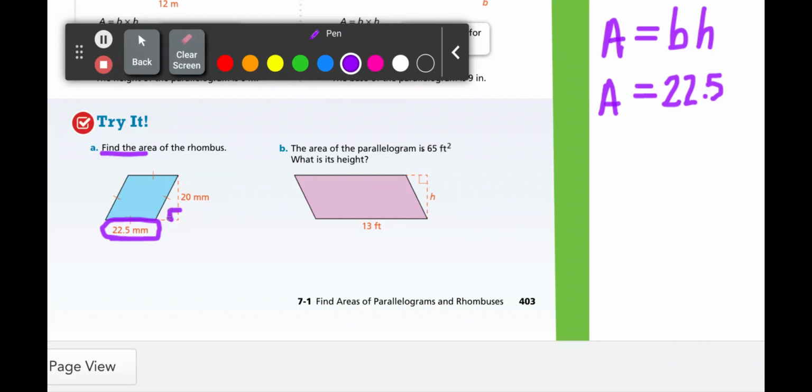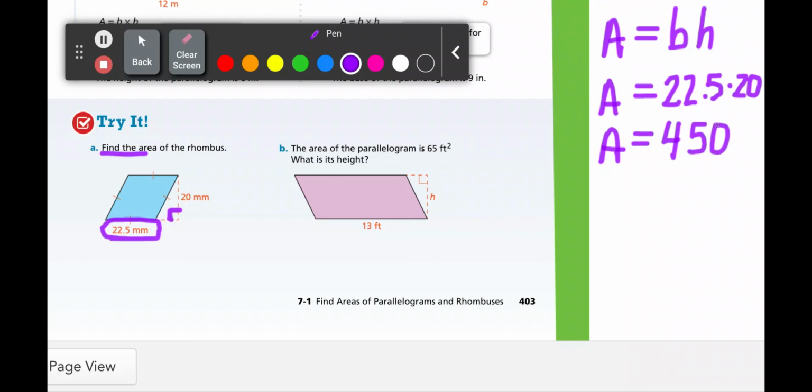The height is perpendicular to the base here with those dotted lines at a 90-degree angle. So we say 22.5 times 20. So what is the area? What does the area equal? 22.5 times 20 is 450.